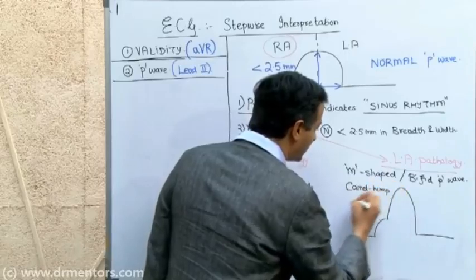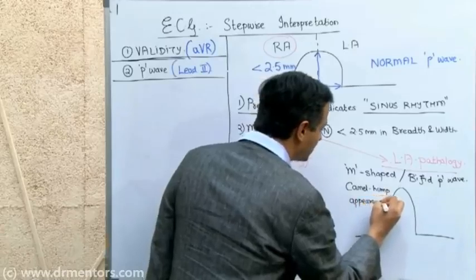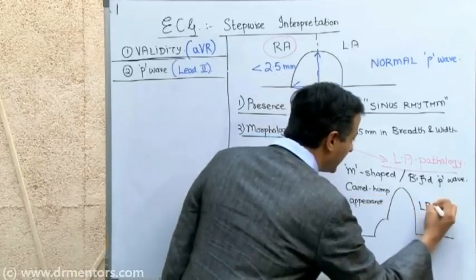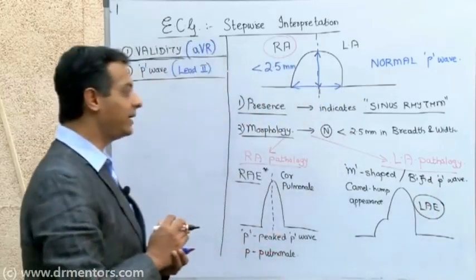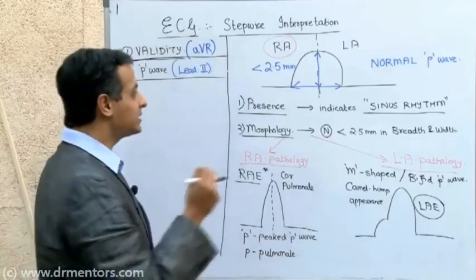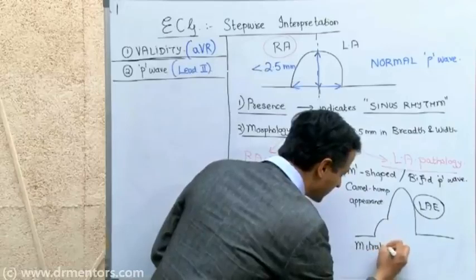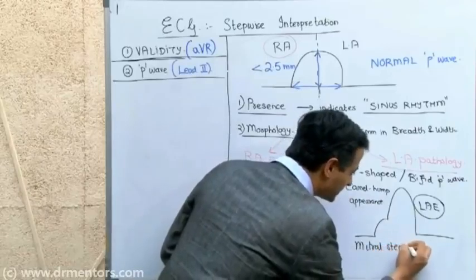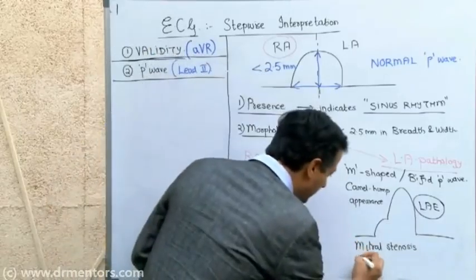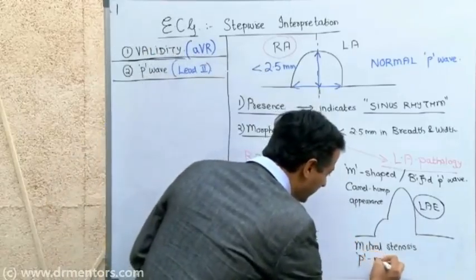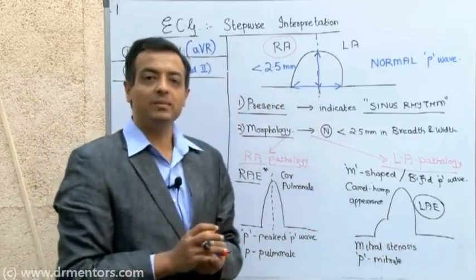All this mean the same. And what does it mean? This is suggestive of left atrial enlargement, because one of the common causes is mitral stenosis. Mitral stenosis causes left atrial dilatation. Hence it is also called P mitrale.